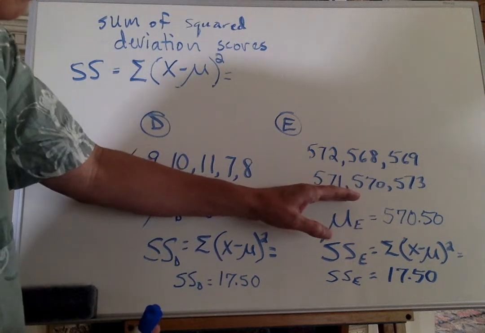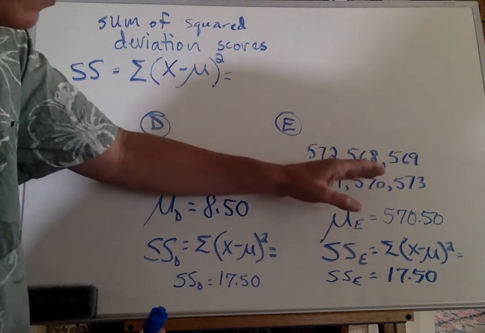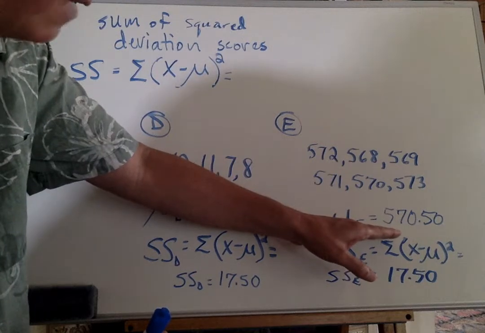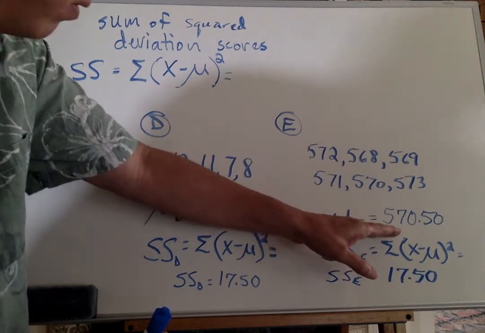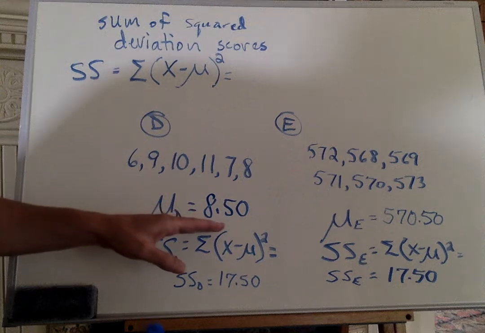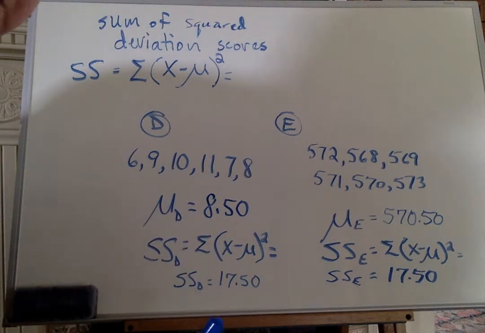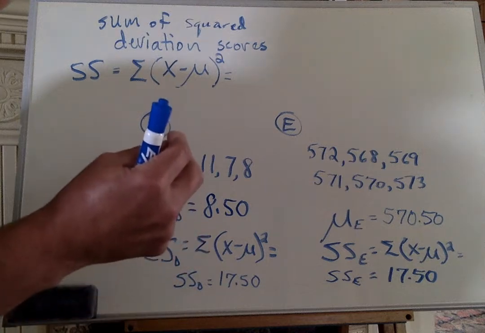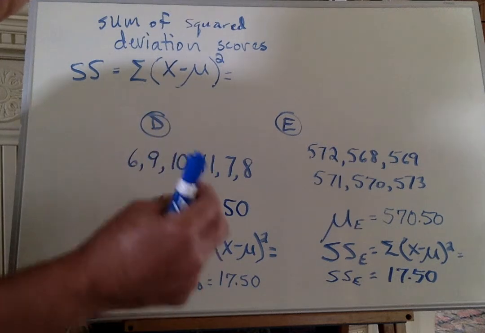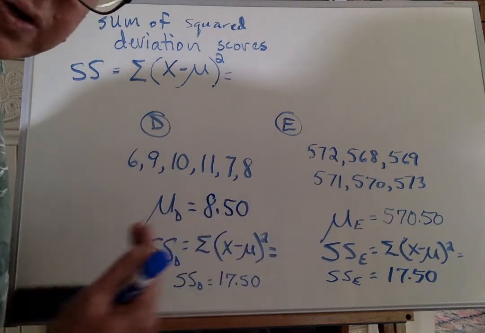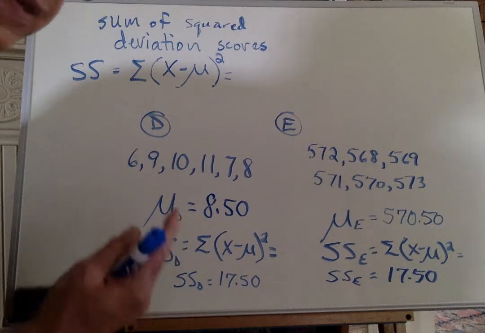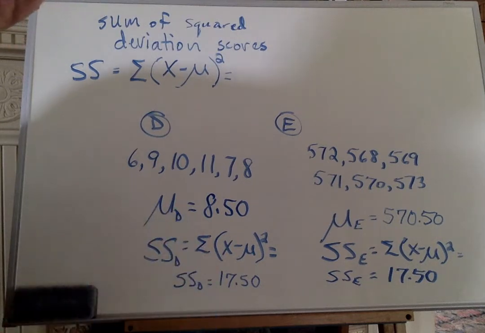So here we are up in the 570s, right? Up around 570. In fact, the average is 570.5. Okay. Here, the average is 8.5. So these two distributions are located at different points along the number line, but they are equally variable.